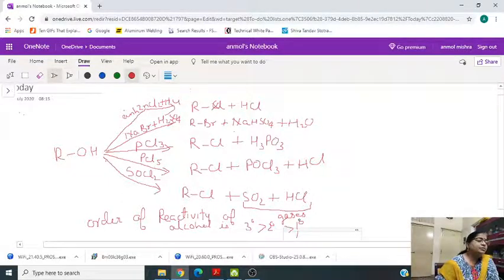Now by this method, that is from phenol, we cannot prepare haloarenes.